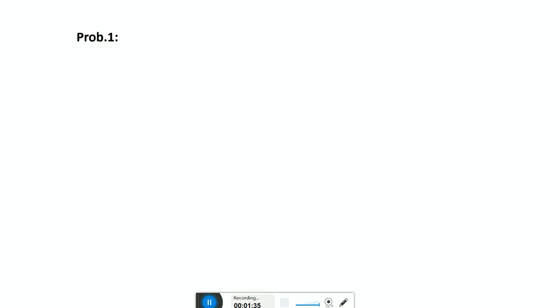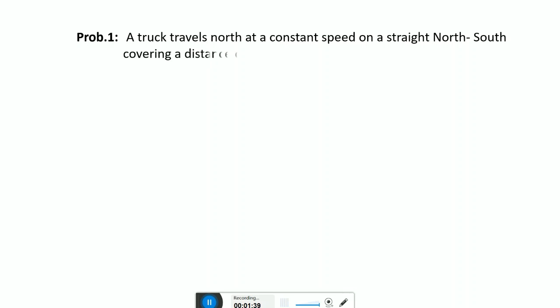First problem. A truck travels north at a constant speed on a straight north-south road, covering a distance of 25 km in 30 minutes.